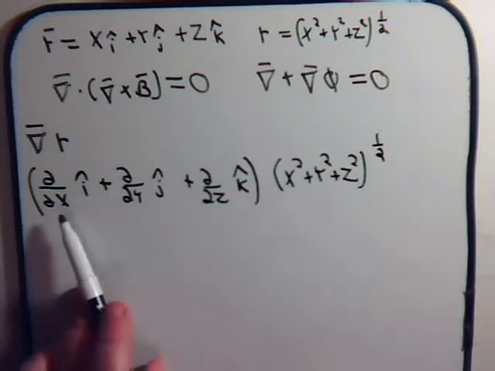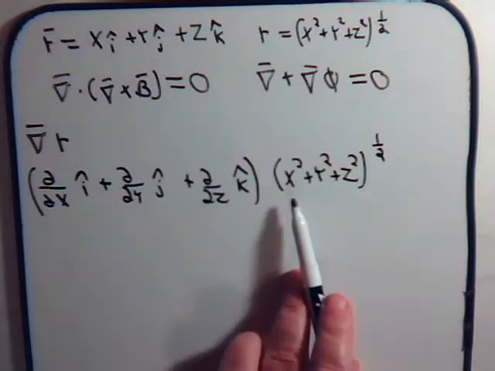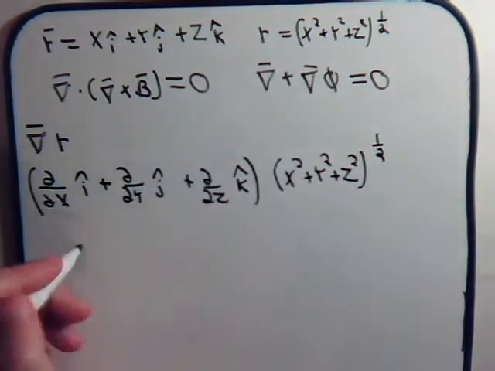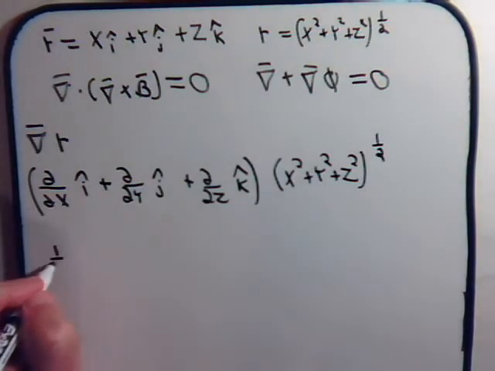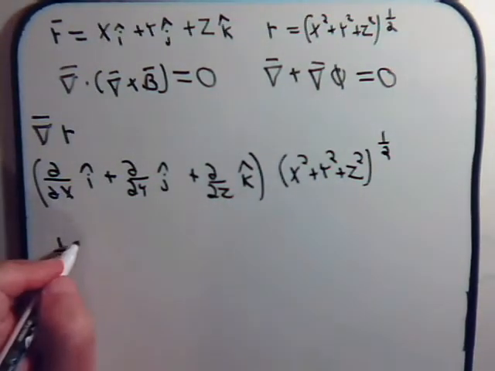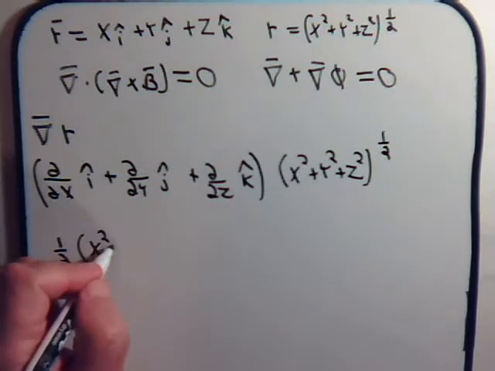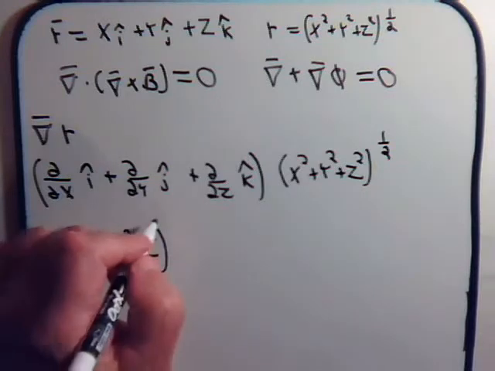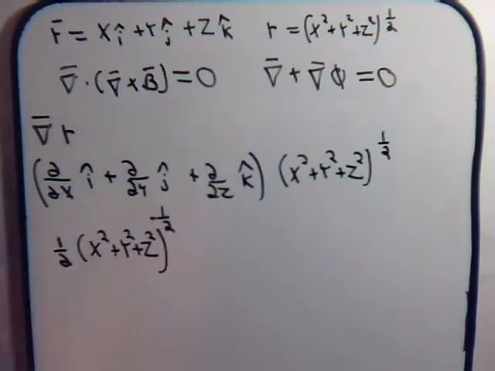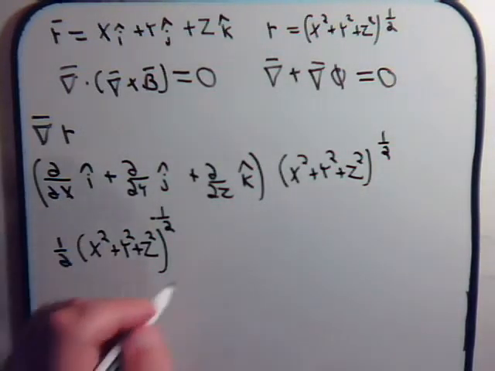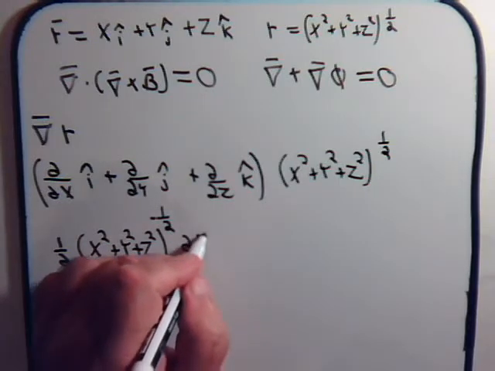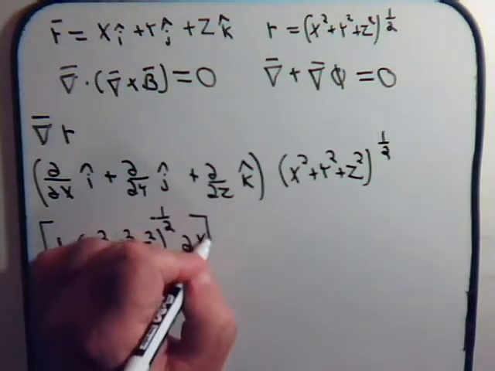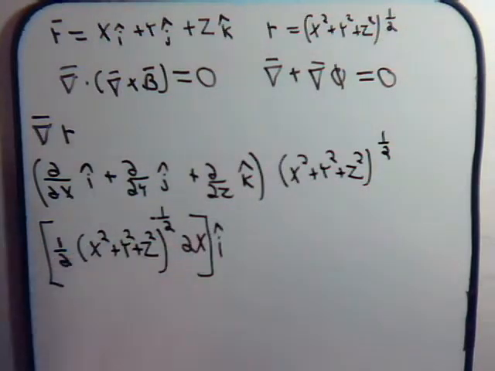So taking the partial of this expression with respect to x, bringing the 1/2 down, we'll have 1/2 times x squared plus y squared plus z squared to the minus 1/2. And take the derivative of what's inside, that will be 2 times x, and that is the i component of the resulting vector.